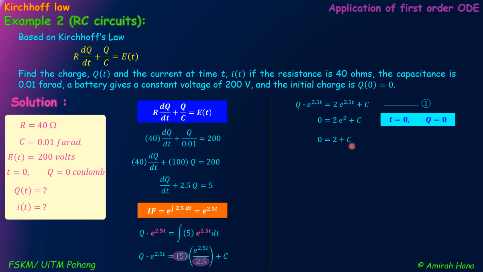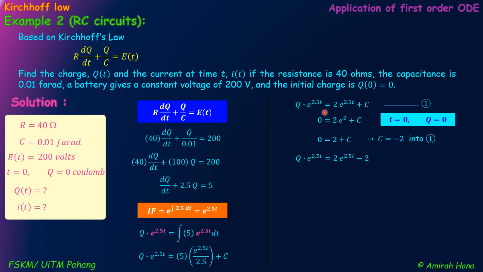Then we can solve for c. So we got c equals to negative 2, right? After that, we need to substitute the value of c into equation 1, right? After we substitute c equals to negative 2 into equation 1 here, so we got this, okay?